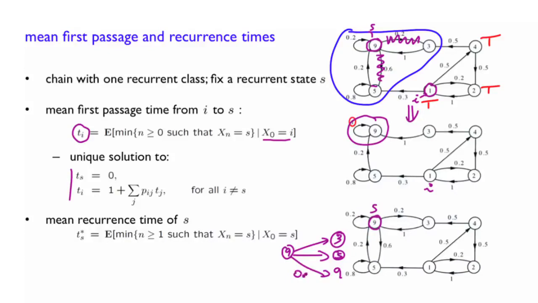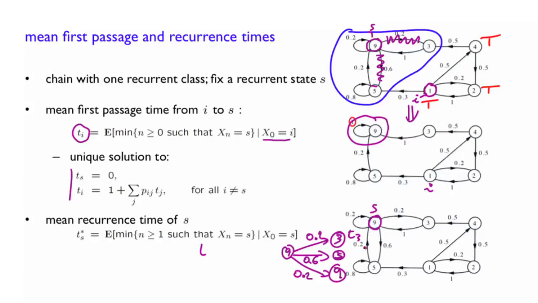So this is with probability 0.2, this is with probability 0.2, and this is with probability 0.6. And now after you make one transition, so that you are in 3 now, what is the time to get to 9? Well, it's exactly T3, where T is the solution of that previous system.